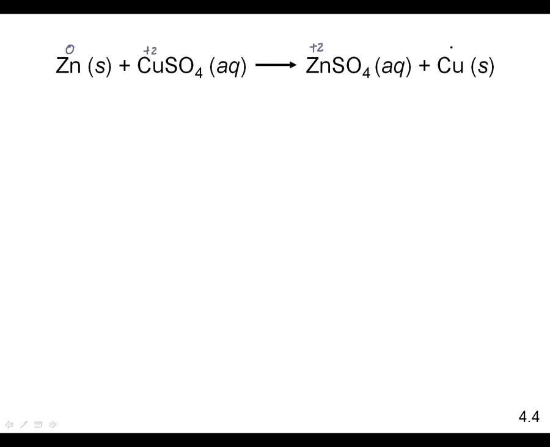The copper over here by itself, solid, has a 0 oxidation state. And for the time being, we'll keep these together. We don't have to, and we won't shortly, but we'll keep them together right now. Sulfate on this side is -2. Sulfate on this side is -2. In terms of what's happening with sulfate, nothing's really happening with sulfate. Nothing's really changing with the sulfur or the oxygens.